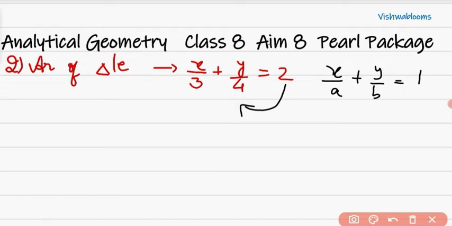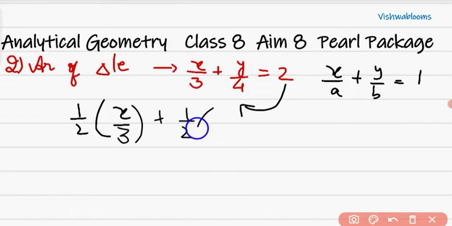So what will happen? It will be half of x by 3 plus half of y by 4. So separately it will come for both, right? Separately I have just done it. Now what will be the values? Here this will be 6 and the other one will be 8.